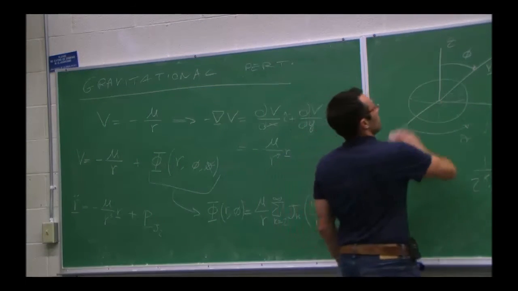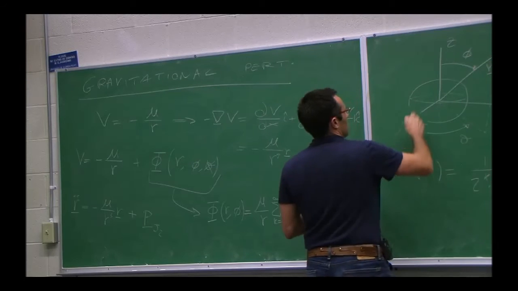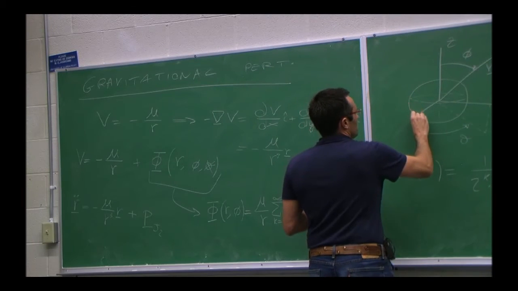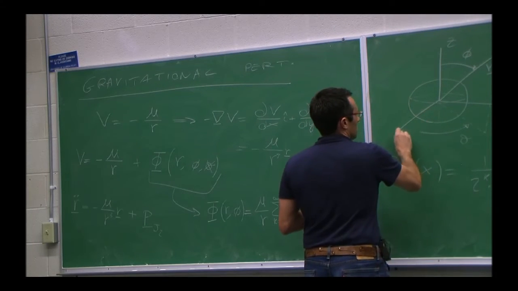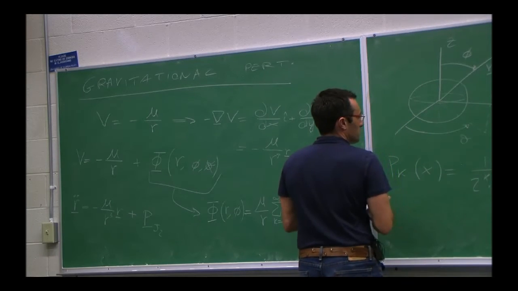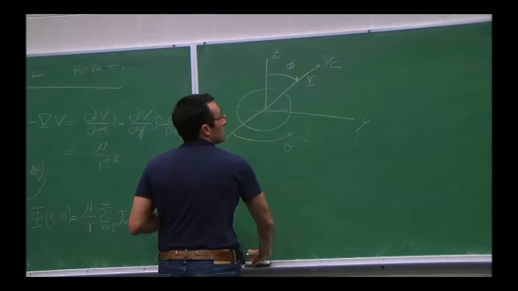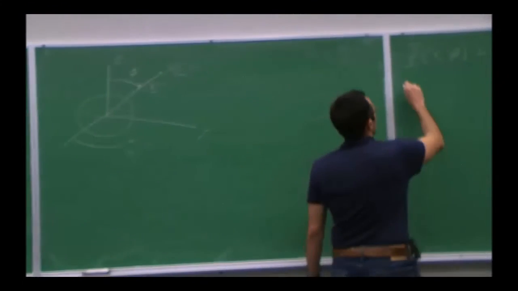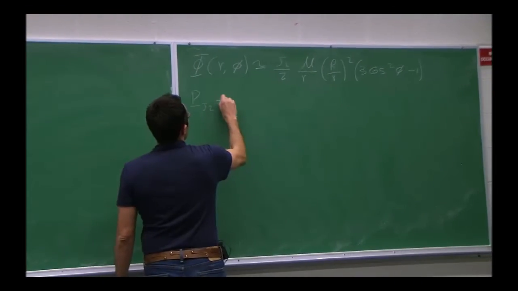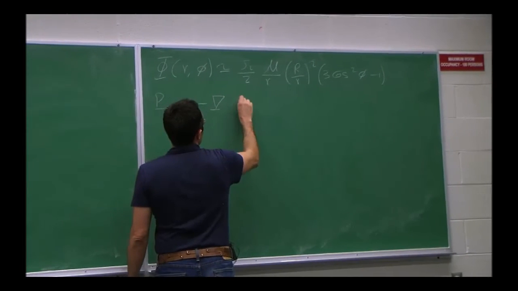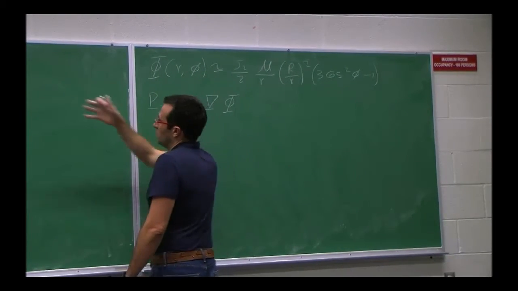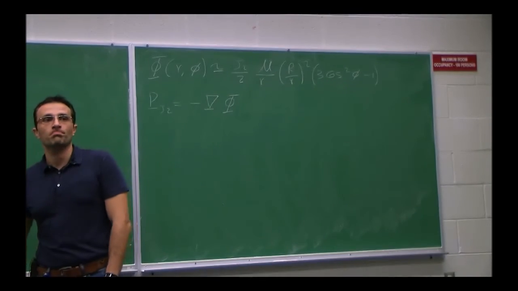What would you do if I gave you a potential function to compute the corresponding force, or force per unit mass, acceleration? Well, the perturbation acceleration is going to be equal to the gradient of that, exactly like we've done before.